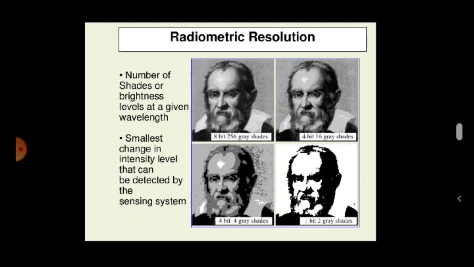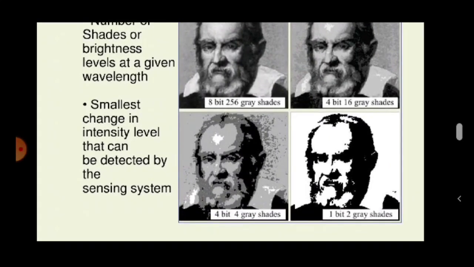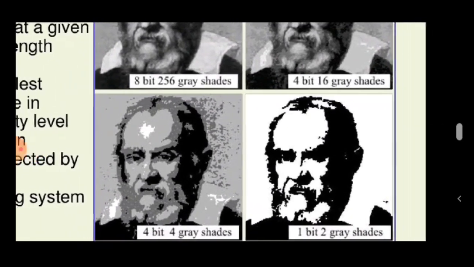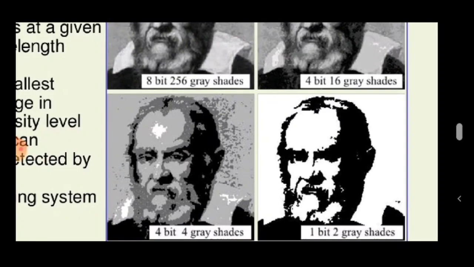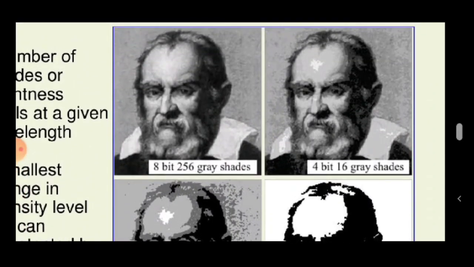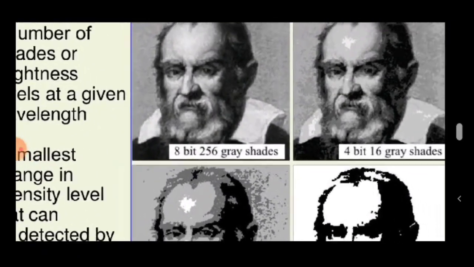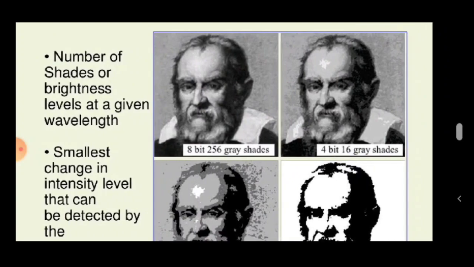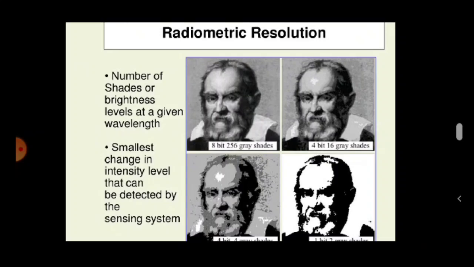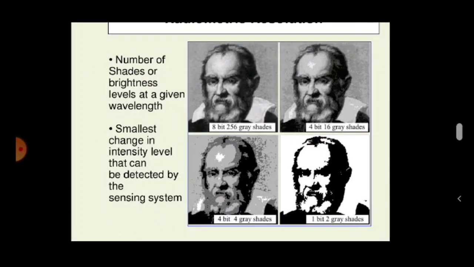So here again, radiometric resolution, you can see when it comes to 1 bit there are only 2 gray shades, 4 bit there are 4 gray shades, 16 quantization levels, so 8 bit and 256 quantization levels. So when the number of gray shades is at a higher level, the intensity level can be detected by the remote sensing system.